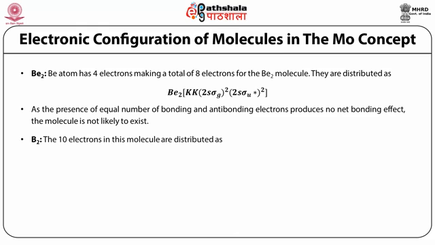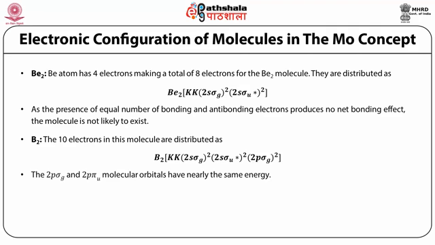Boron: the 10 electrons in this molecule are distributed as B2: KK, 2s sigma g square, 2s sigma u star square, 2p sigma g square. The 2p sigma g and 2p pi u molecular orbitals have nearly the same energy.